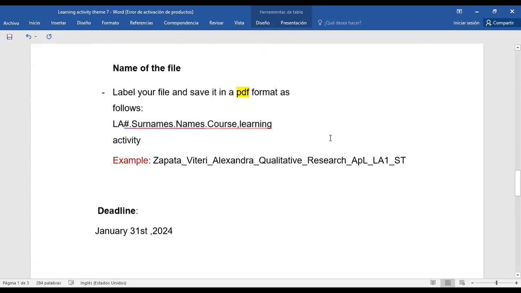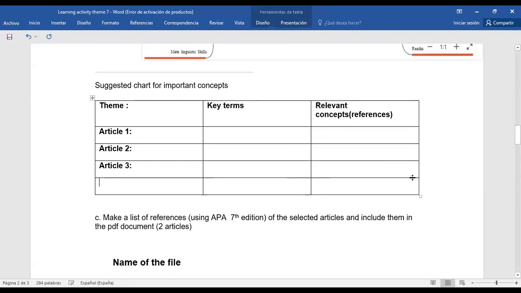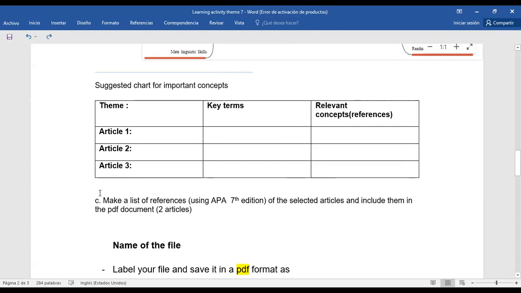Remember, write a summary for the literature review. Okay, with these concepts, with these key terms, you are going to develop a summary.